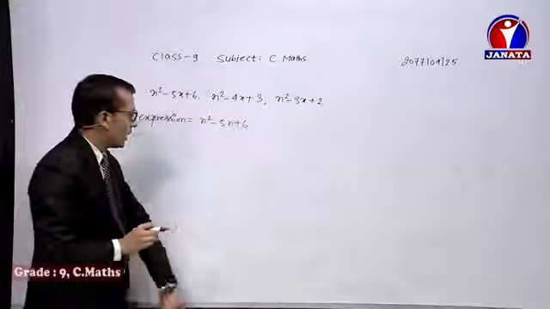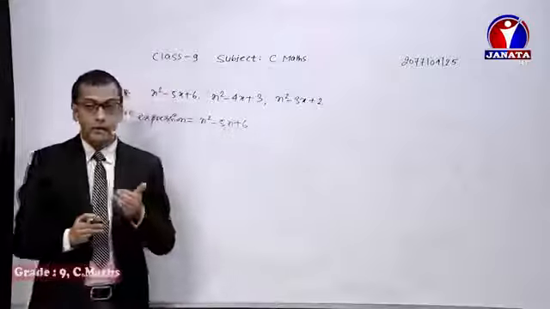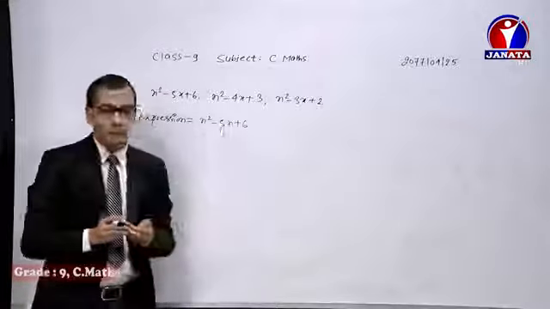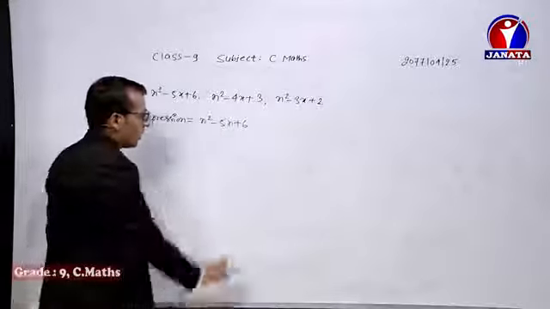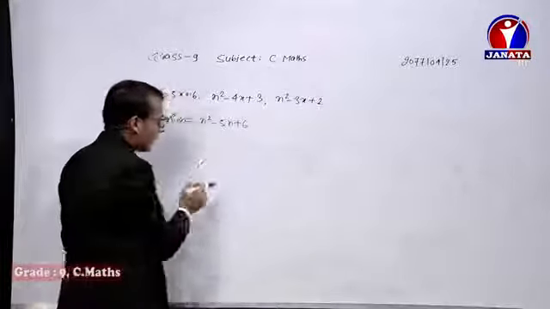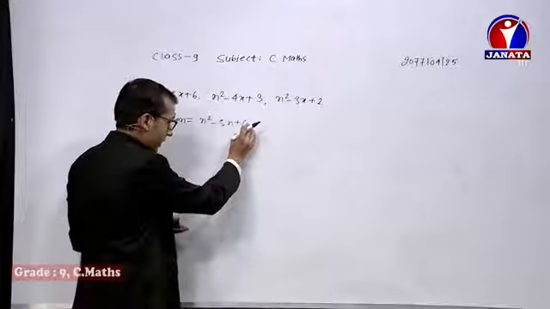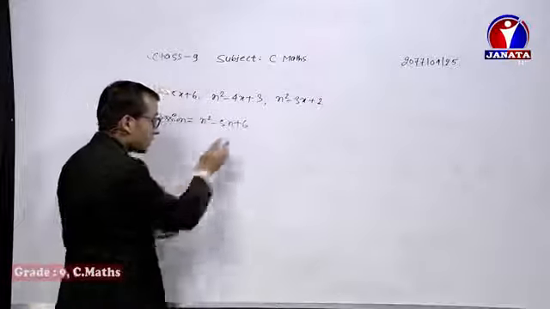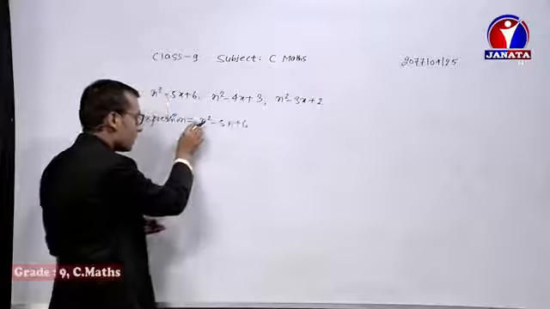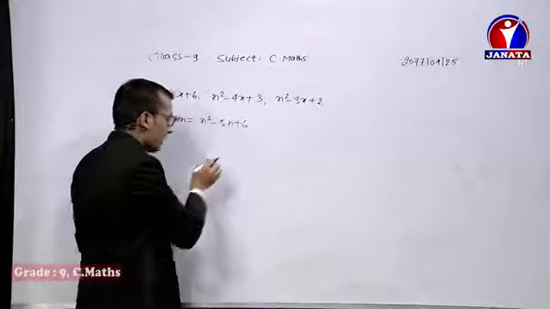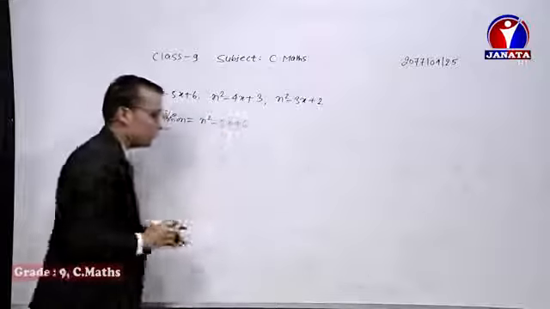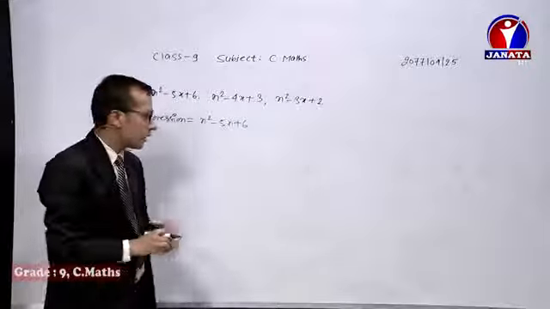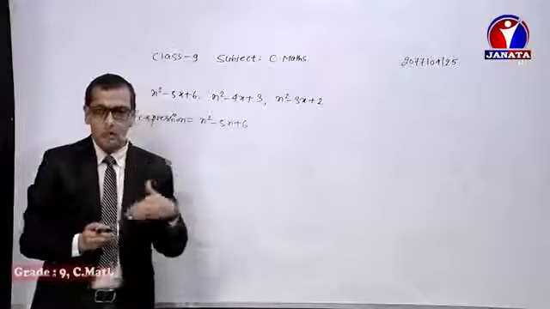We know the process of factorizing this expression. There are three terms, so we need to split the middle term. For this, let's think what are the two numbers whose product is 6, and the sign of 6 is plus and the x square coefficient is also positive. So it determines the sum. The sum is 5, and the product of the two numbers is 6.